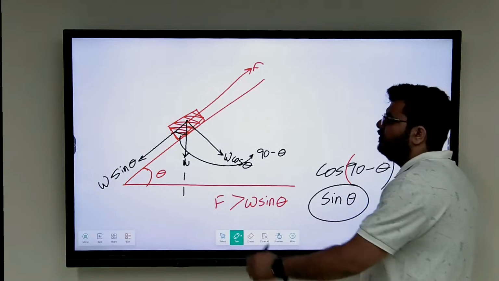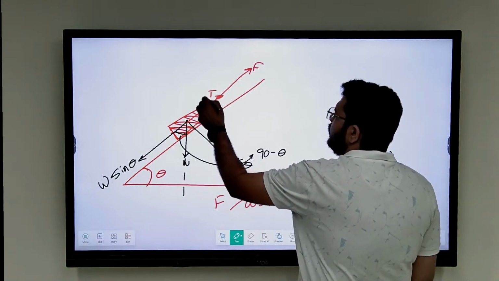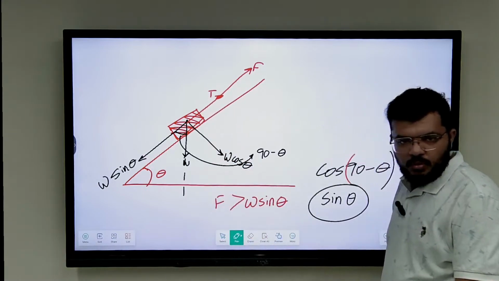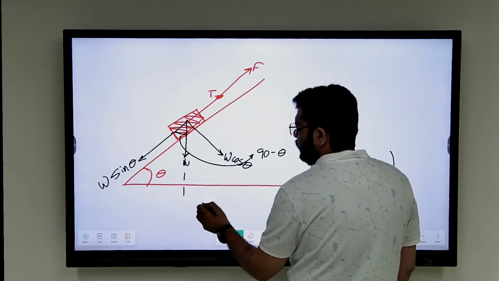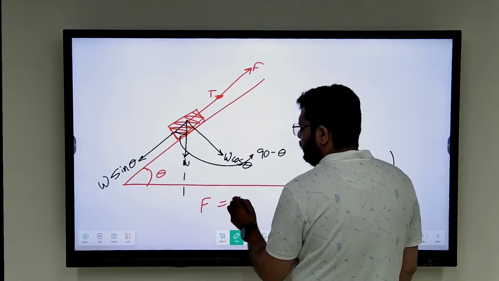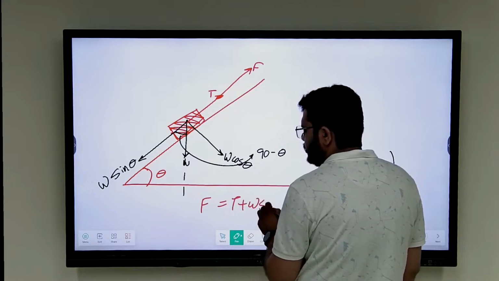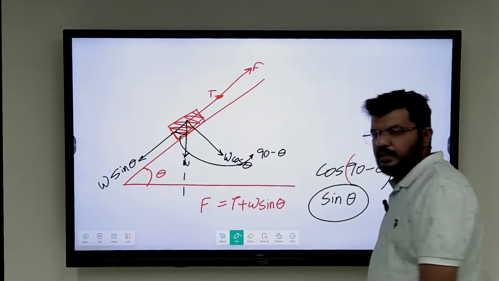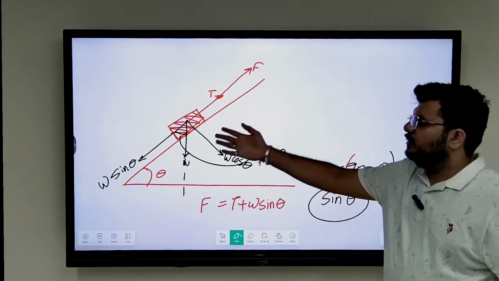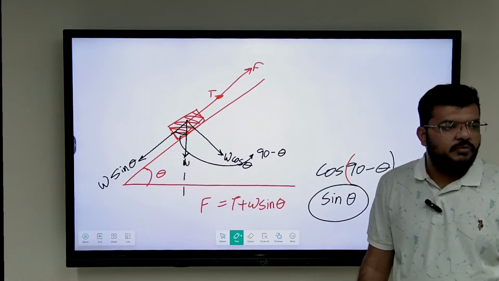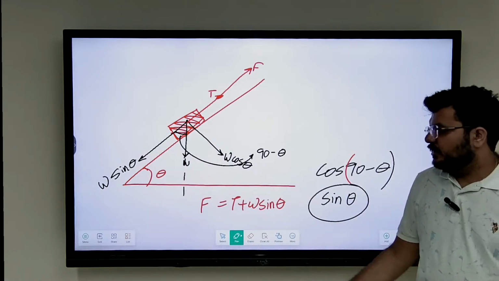If they have given a tension T in this thread or rope, then the force F is equal to T plus W sin theta. Tensile force in the rope plus the force to overcome this downward force.